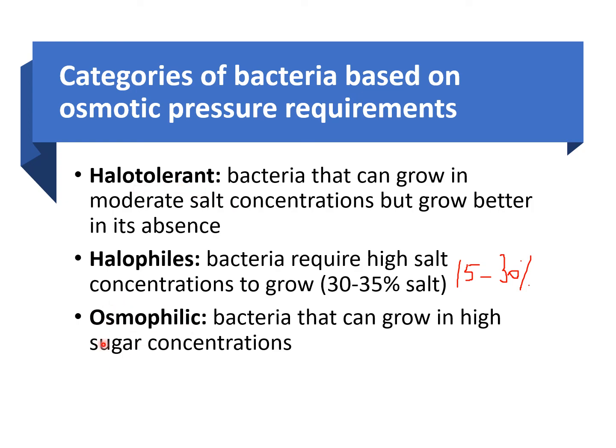Now there's a term right here, osmophiles, or osmophilic bacteria. By the way, you can say osmophiles or osmophilic, halophiles or halophilic, okay? Osmophilic bacteria are the ones that grow in high sugar concentrations. A lot of times, the definition of osmophilic bacteria says those are bacteria that prefer high solute concentrations, whether those solutes are salt or sugar.